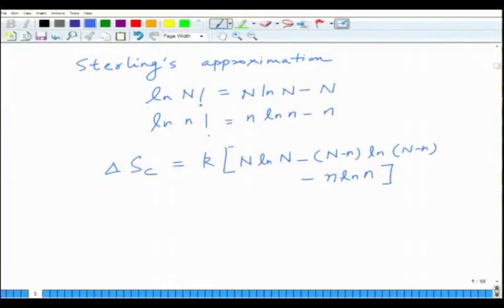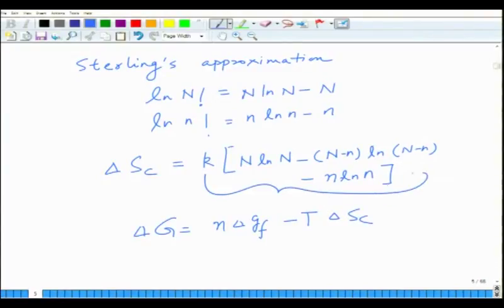This is what you get after applying the approximation, and then you substitute in delta G. Delta G will be equal to n delta Gf minus T delta SC.